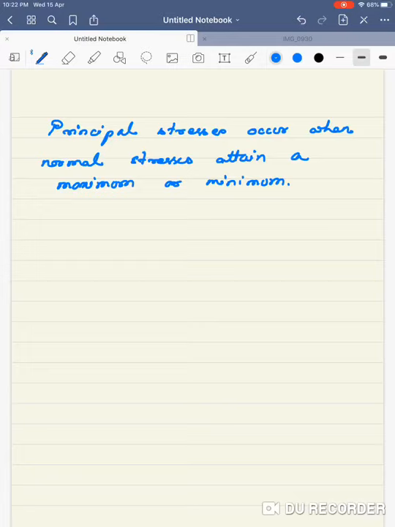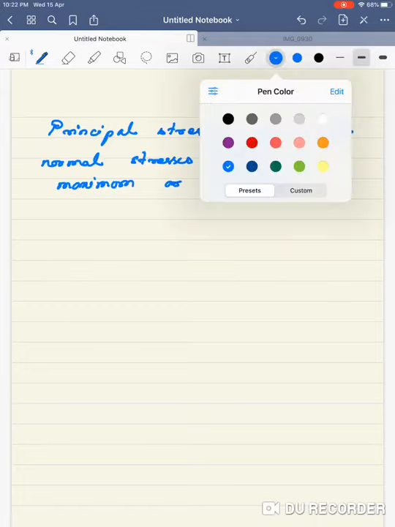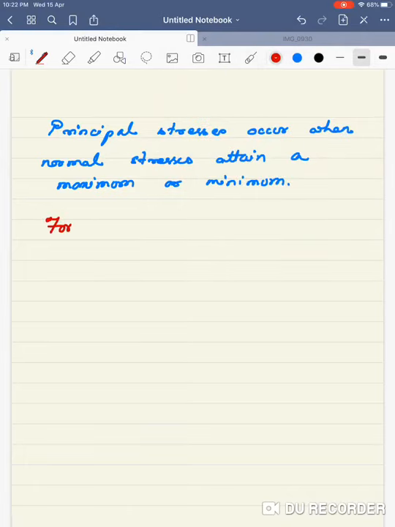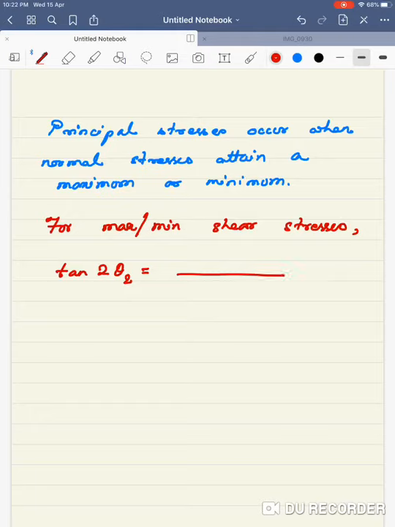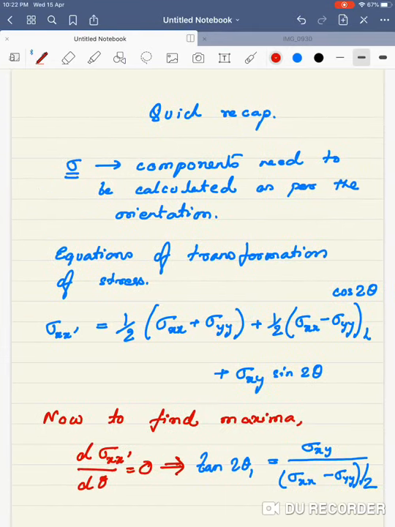Now, if you had to find the maximum or minimum shear stresses, you can do a similar calculation, and what you will find is that tan 2 theta 2 is very similar to the previous relationship, except that you have sigma xx minus sigma yy divided by sigma xy.